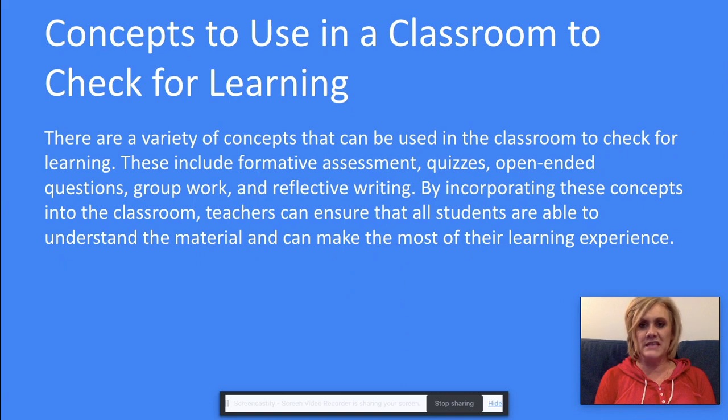If you're not doing things like station rotation, where you're doing the check ins with your student, where you're doing more formative assessments, where you're doing quizzes and open-ended questions and group work and small group work, and having them reflect on things that they read, or reflective writing, then these things are going to be important for you to truly know if learning is happening in your classroom, because it's less important that your lesson plan gets done, and more important that your lesson plan gets done and that the learning has happened.